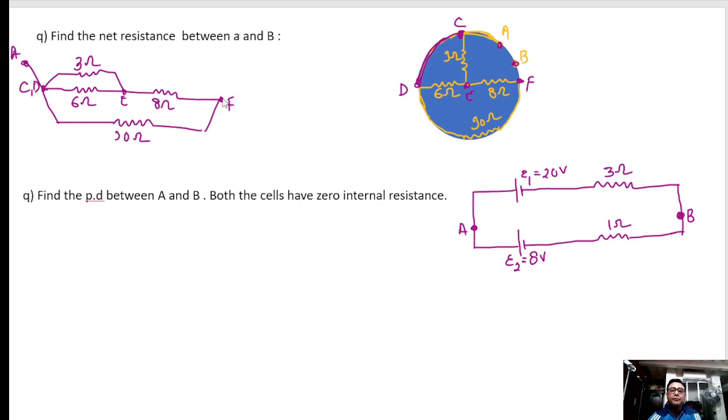And now from F there is a point B coming out. So they are telling find the resistance between A and B.